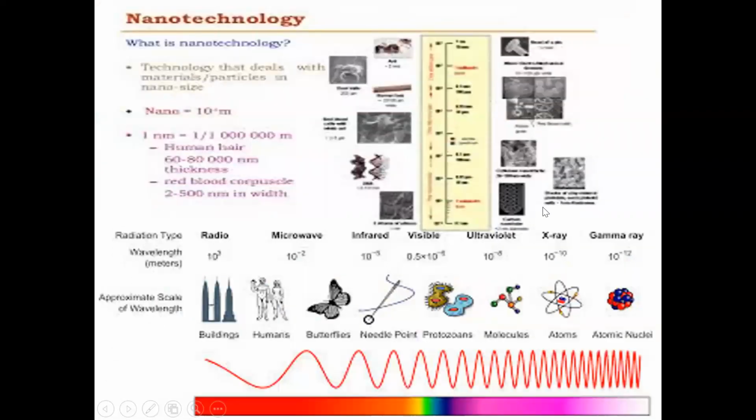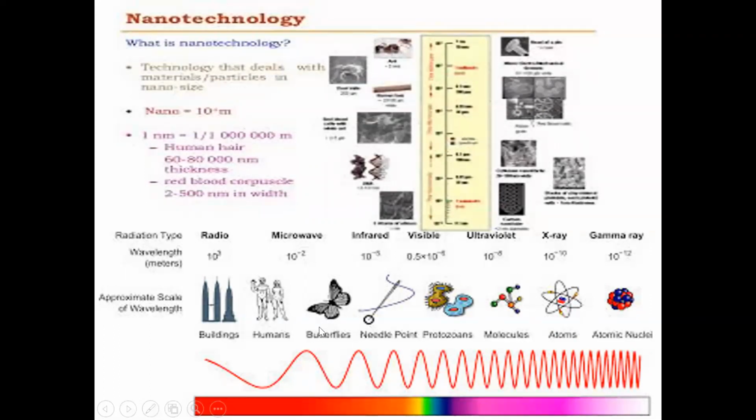Here also I am going to show this. If you consider nanomaterials and this size, just see here, this is the atomic nucleus, and from this atomic nucleus up to buildings, this is buildings, it is a large scale. Then human being, which is less than that.